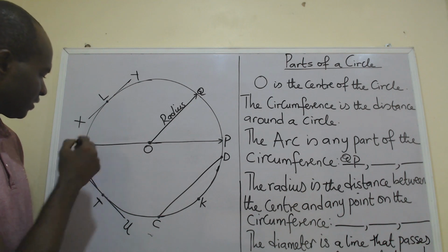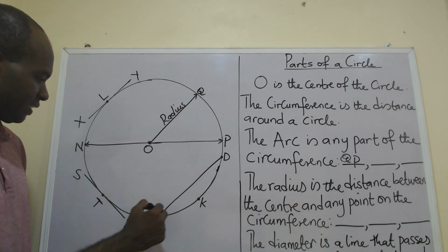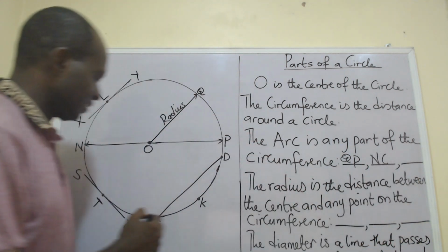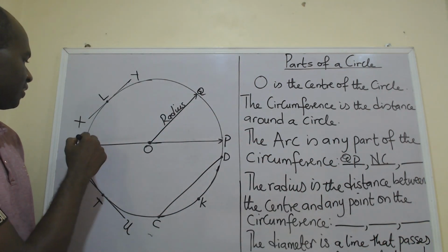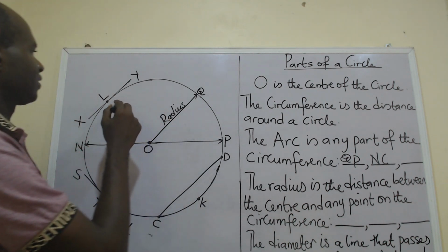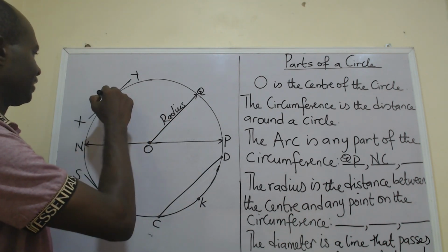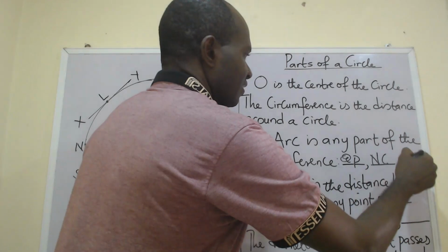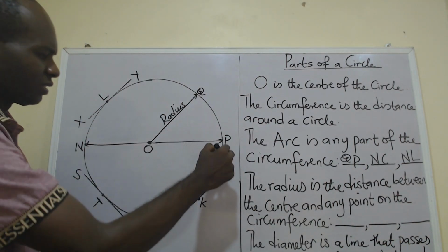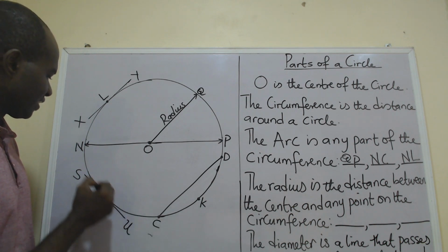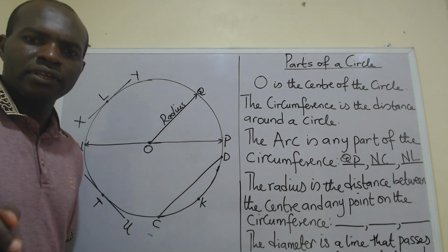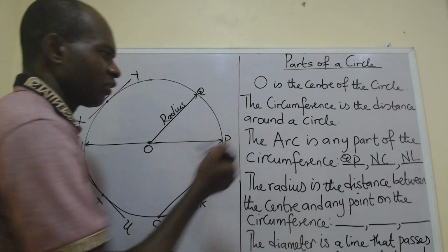Then now look at NC, that is an arc. NL is an arc. So any of these curves that is a part of the circumference is an arc, etc., because there are many of them.